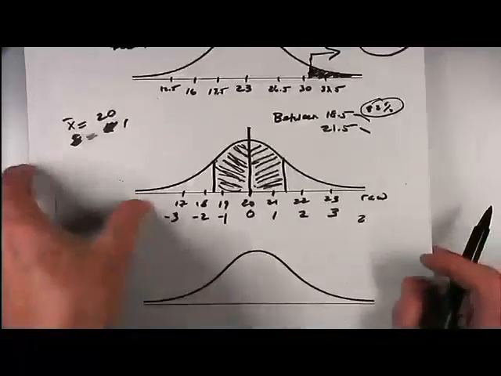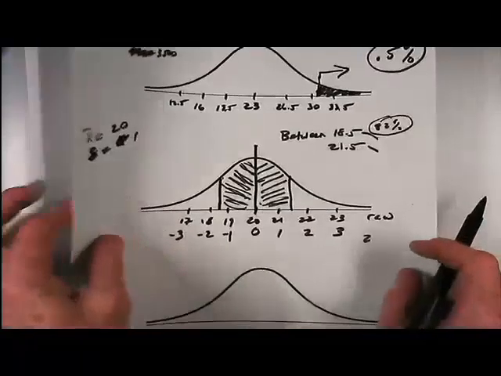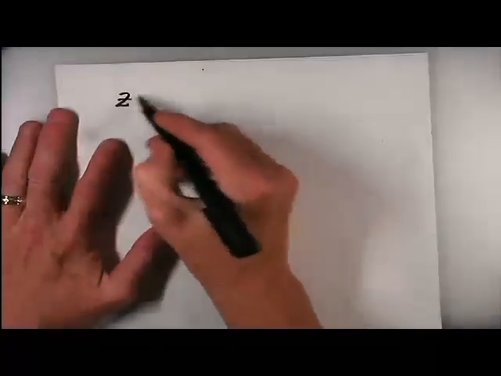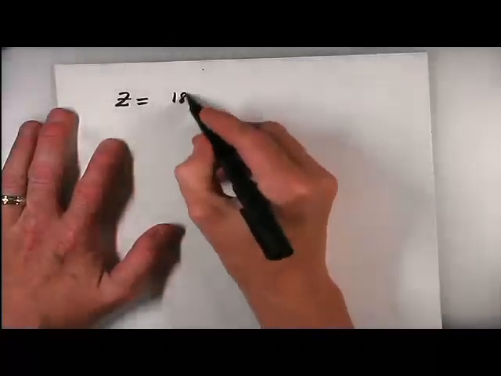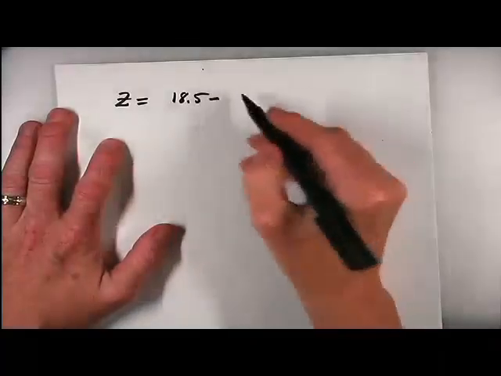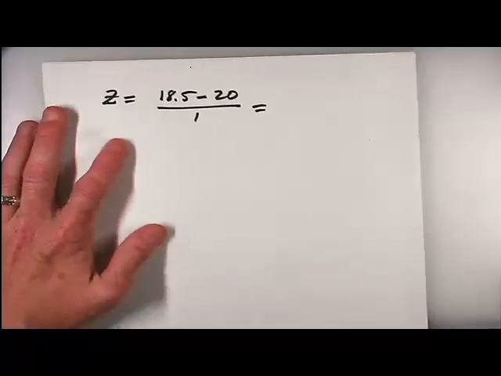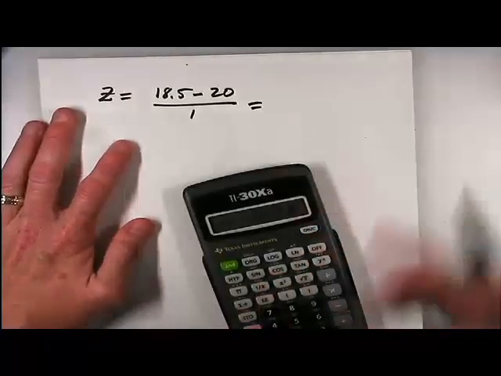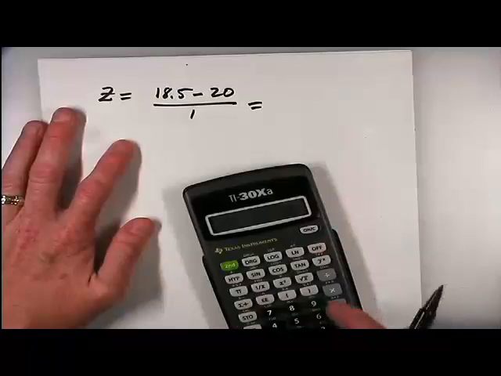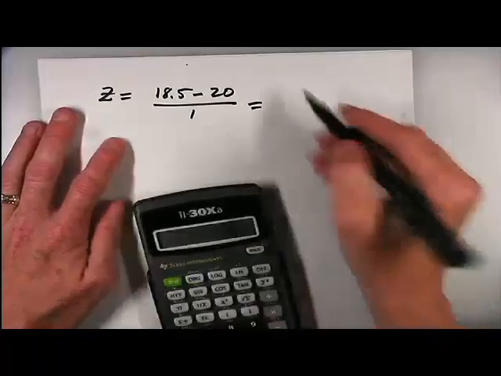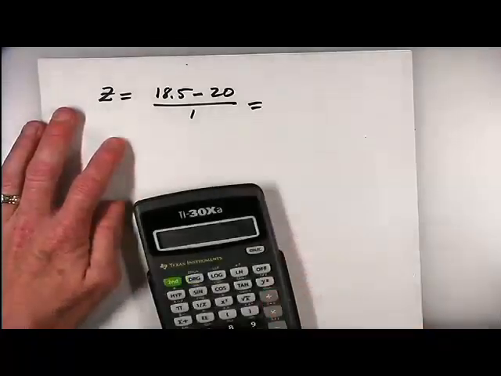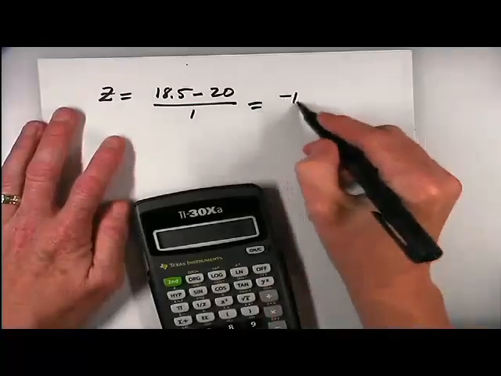All right, so let's find out what the z-score is of 18.5. Z equals 18.5 minus 20 divided by 1. Make sure you do the negative, right? 18.5 minus 20, negative 1.5, divided by 1 is negative 1.5.